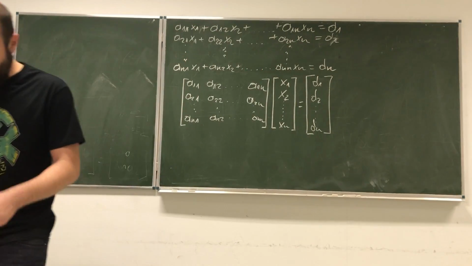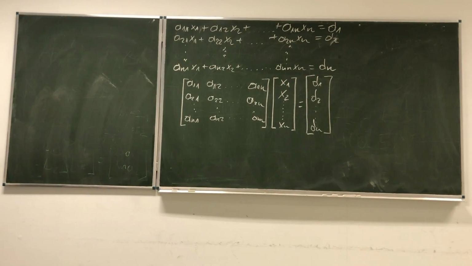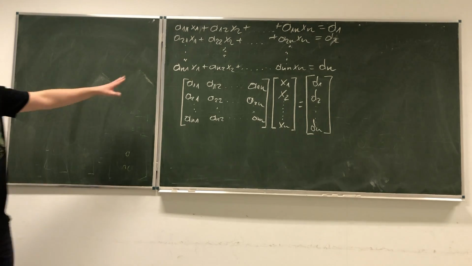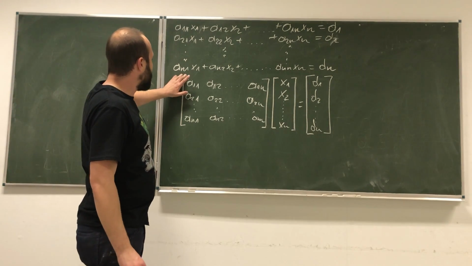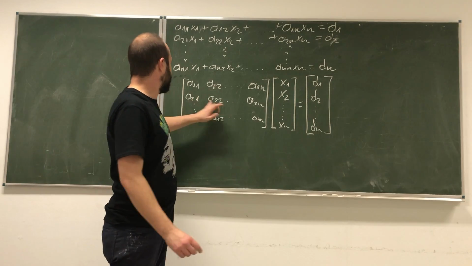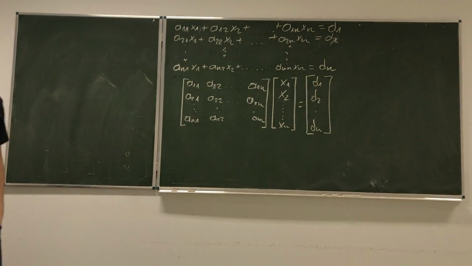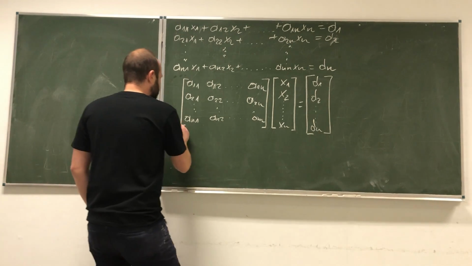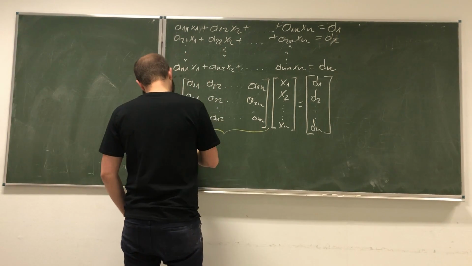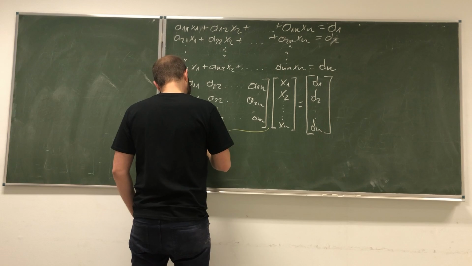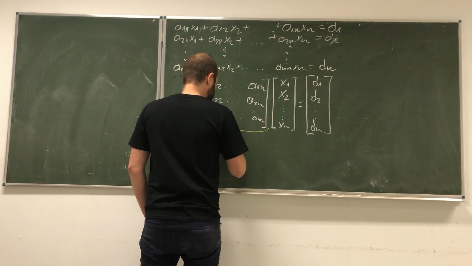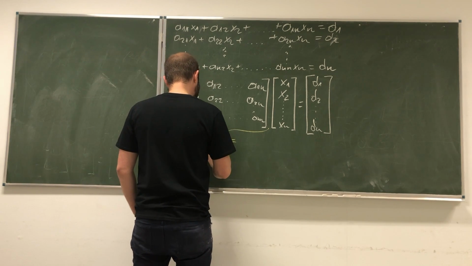look, I hope you can see how we did it. Now, what do we have inside? Look, we have here all the coefficients from all the equations. This is why we call this matrix of coefficients.